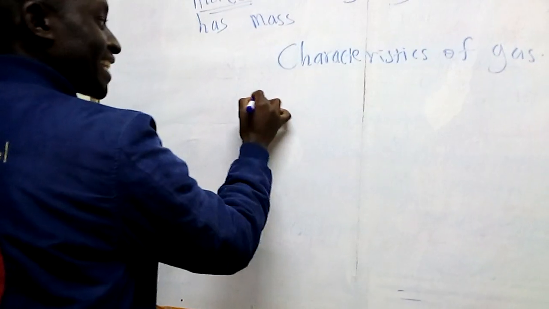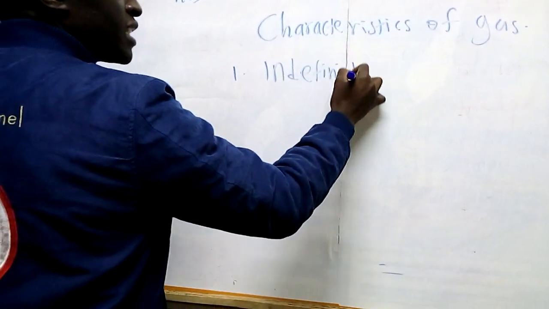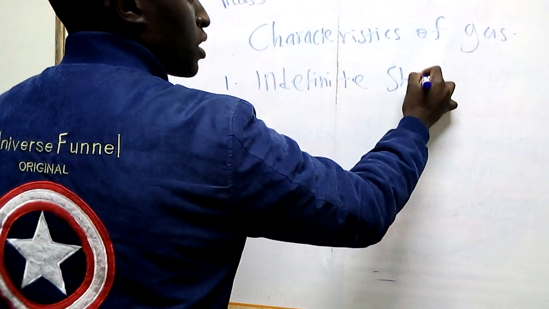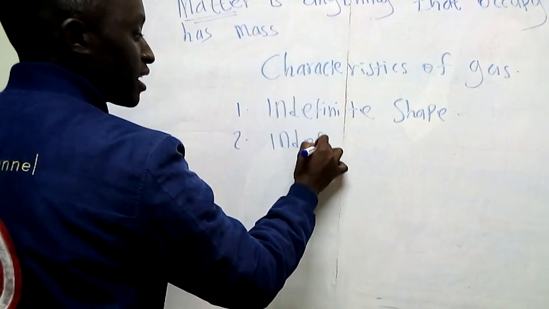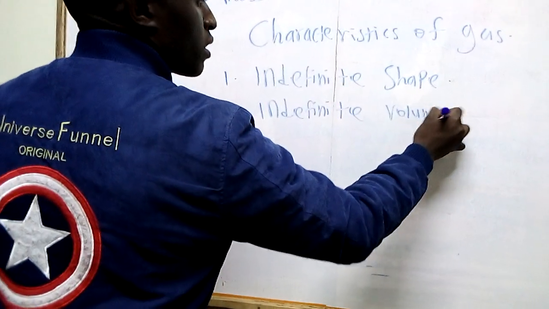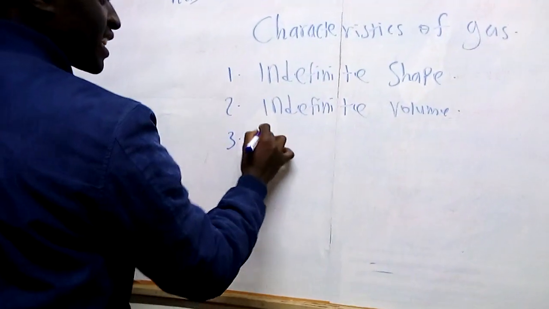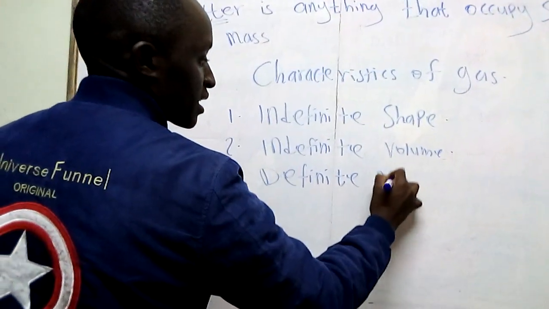The first one is they have indefinite shape. The second one is that they have indefinite volume. The third one is that they have what we call definite mass.